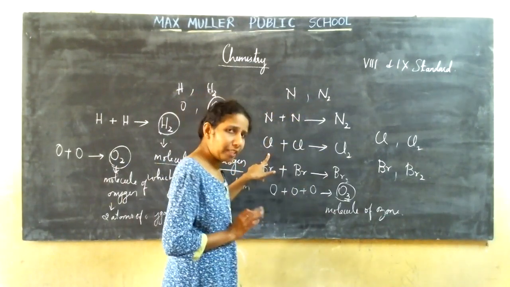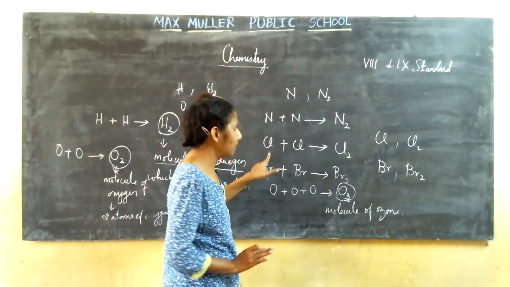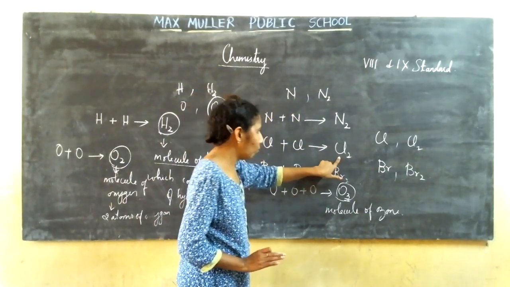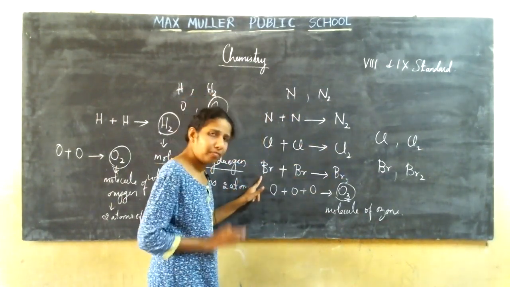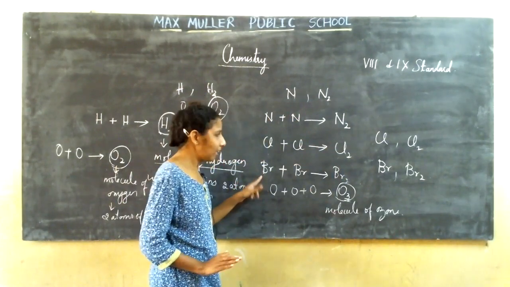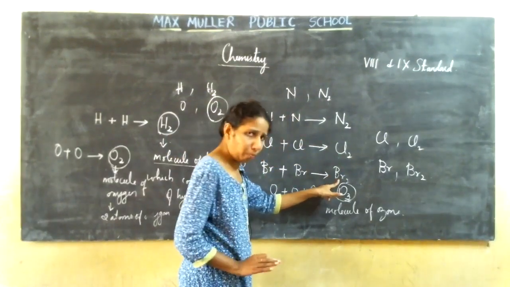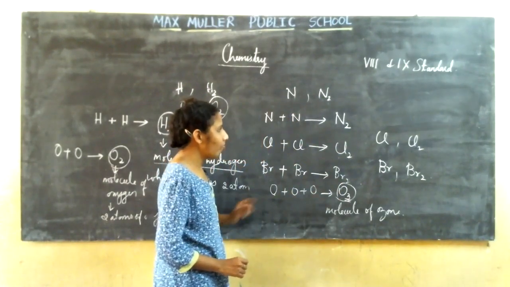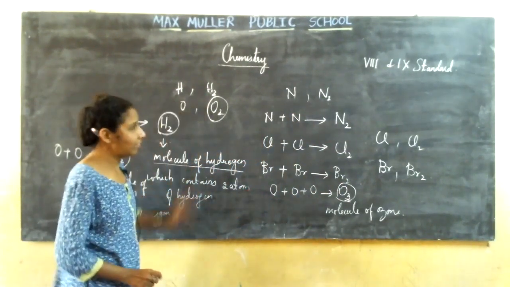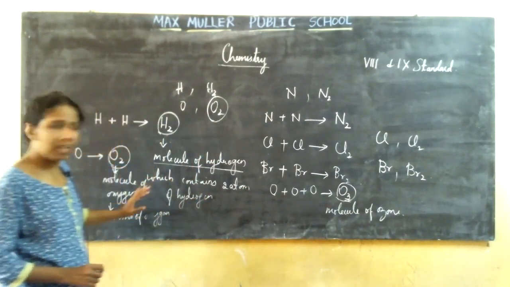Chlorine atom does not exist independently, whereas a molecule of chlorine exists independently. Bromine atom does not exist independently, but a molecule of bromine exists independently, and so with other elements. I hope you people understood this.